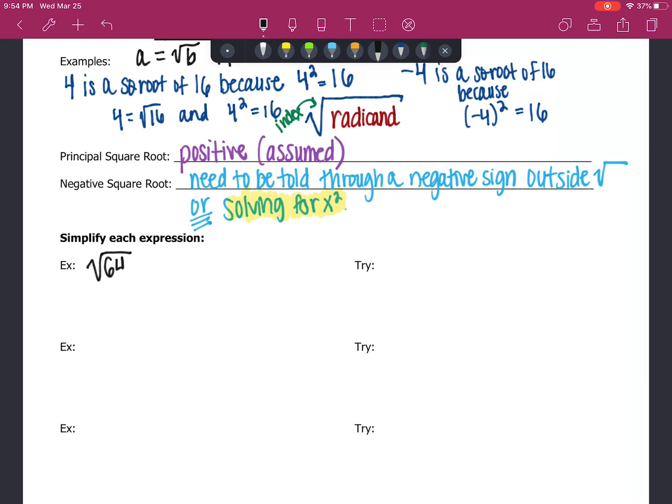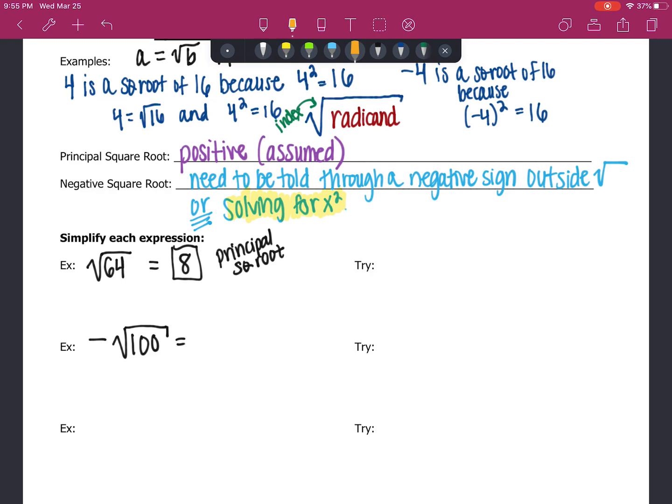So the first example, we want to simplify the square root of 64. The square root of 64 is 8, and it is only 8, because remember the principal square root is what's assumed. If we want the negative square root, we're going to have a negative on the outside of the radical. So for instance, negative square root of 100.